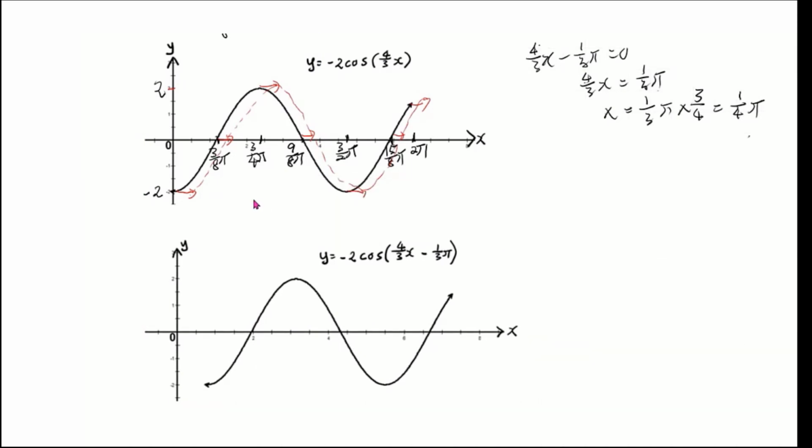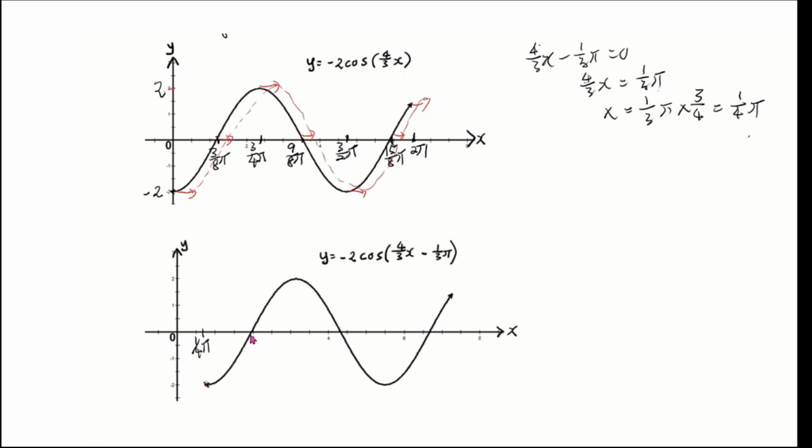Now we try to label the important points. We start from the first point here. The first point, before shifting, is 0. After shifting, it should become 1 over 4 pi.